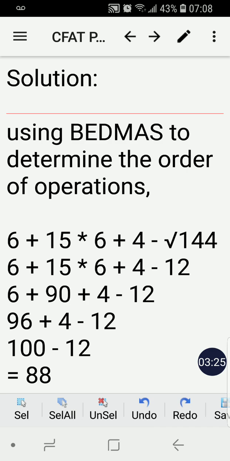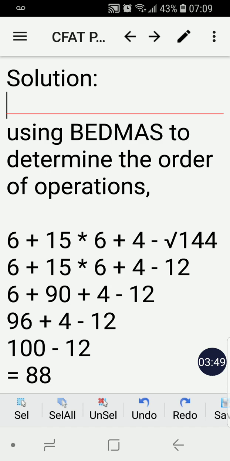When you notice, the first thing that we did is to solve for the square root of 144, which is 12. Then the next order that we will do is the multiplication, which is the 15 times 6.